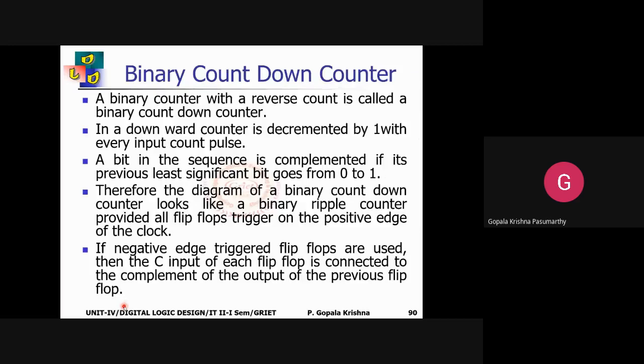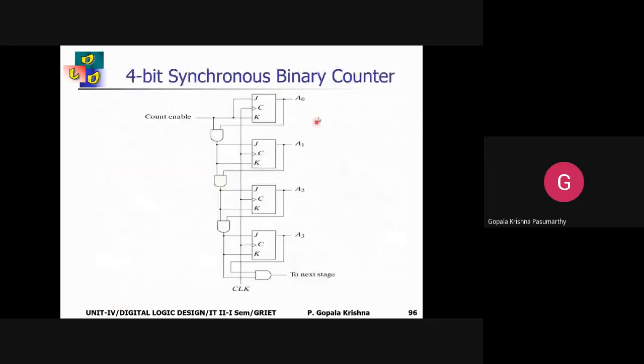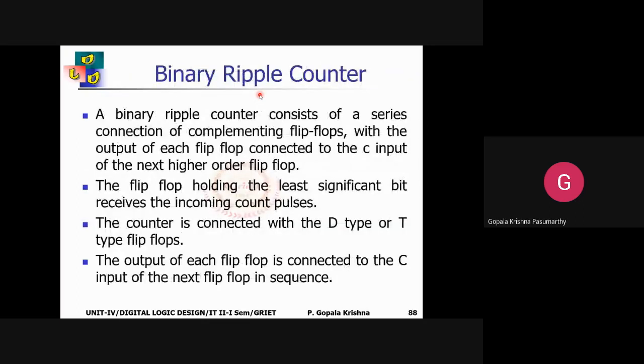I will show you a common clock. If you see this diagram, the clock input of the first flip-flop, the second flip-flop, the third flip-flop, and the fourth flip-flop, all of them are connected to the common clock. Is it clear? If all clocks are connected to a common line, we call it a synchronous counter. If not, we call it a ripple counter.